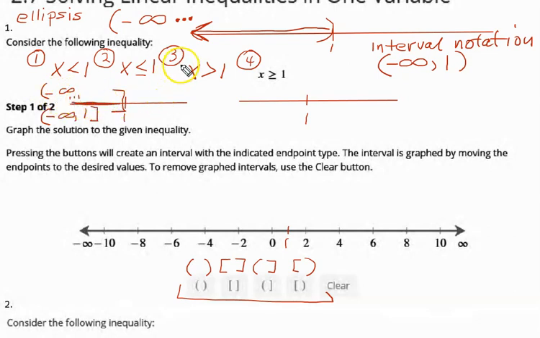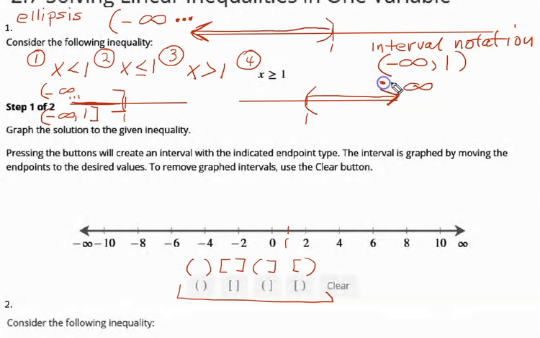All right, number 3. We're now saying that x is greater than 1. Now, because it's greater, the parenthesis, again, 1 is not included, is going to face to the right. And then this is going to positive infinity.